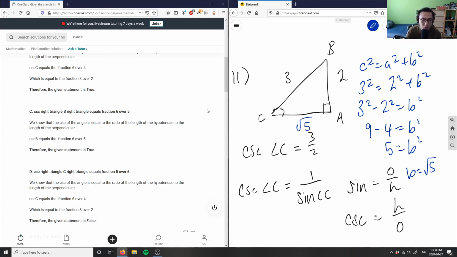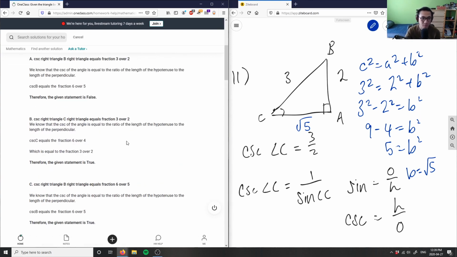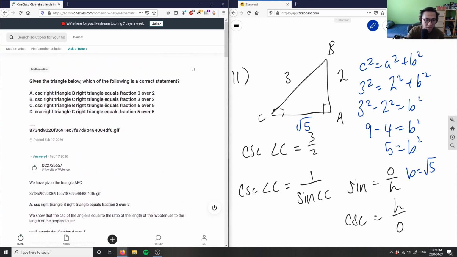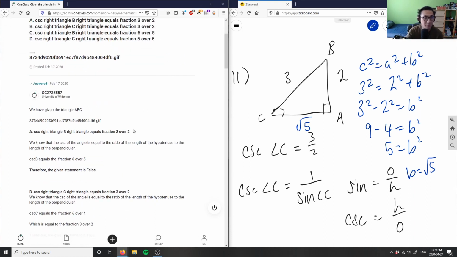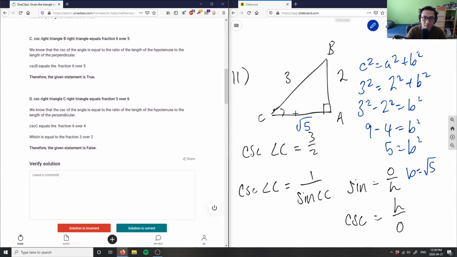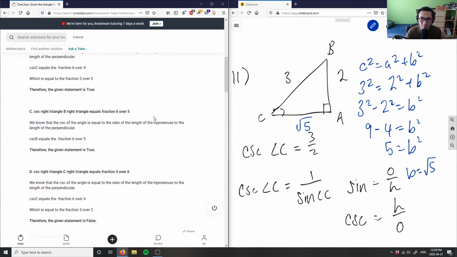I'm pretty sure that because this statement is also true, cosecant of triangle B is 6 over 5, this might be referring to a different triangle, because I don't have 6 or 5 in any of these side lengths. I can't verify the solution per se, but I'm going to assume that this solution is correct, and that these are my triangle lengths.